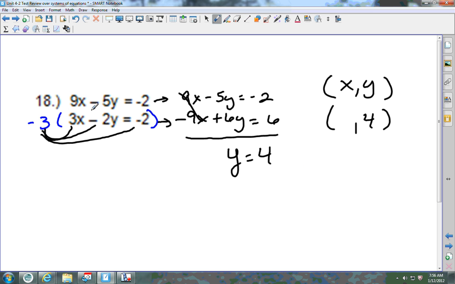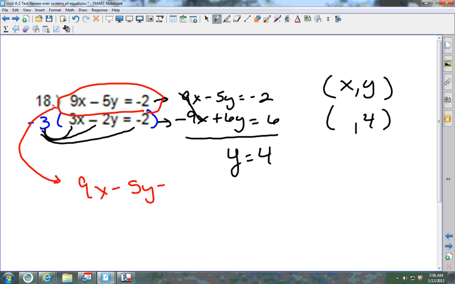Now I need to choose one of these two equations. Ugh, they both have negatives on them. I'm just going to choose the top one just for fun. But it doesn't matter which one you choose to find your answer. I have 9x minus 5y equals negative 2. Your y is 4. That's going to come up here and you're going to put it in there.